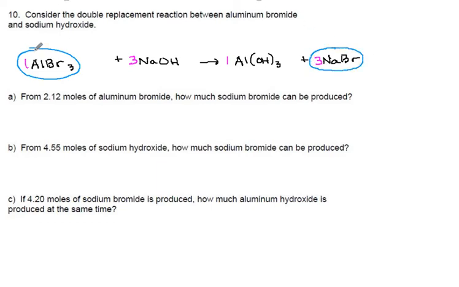And right now the ratio is 1 aluminum bromide to 3 sodium bromide. 1 AlBr3 to 3 NaBr. And they say the actual amounts they're using are 2.12 moles of aluminum bromide. And we don't know how much sodium bromide, so that's our X.